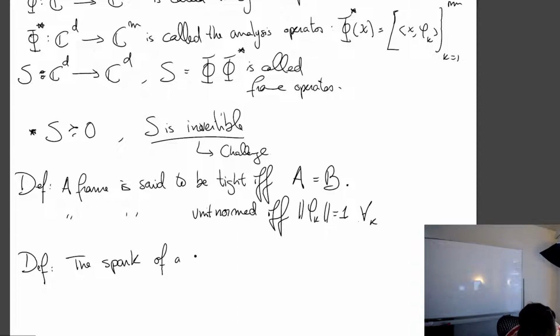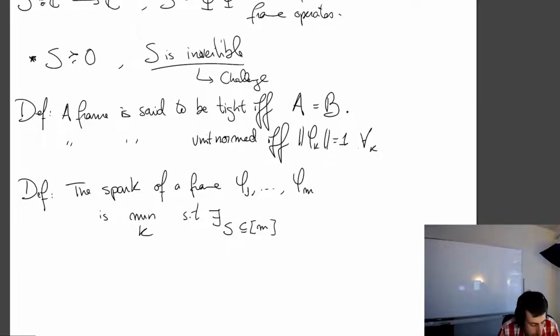So the spark of a frame phi_1 through phi_m is the minimum k for which there exists a subset S of the frame elements, where what I mean by the bracket m inside the parentheses is just the numbers from 1 to m, of size k, such that the set phi_i for i in S is linearly dependent.